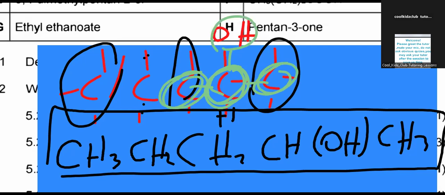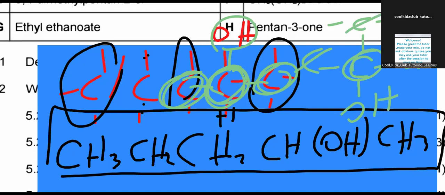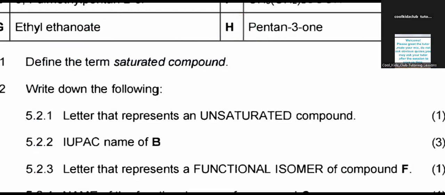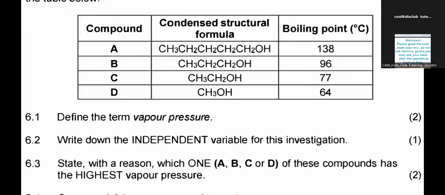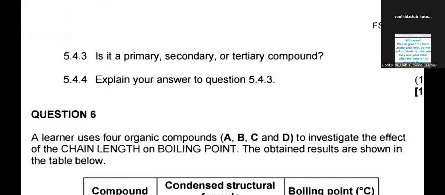It becomes a tertiary when we see something like that carbon. It has another carbon there, and the OH here, and the carbon and the carbon. As you can see, this carbon will be connected to three carbons. Then it will become a tertiary. It becomes a primary when it is at the end, like here, OH. This carbon will be connected to only one carbon. So our answer there will definitely be secondary alcohol. This is how we know it's a secondary alcohol.